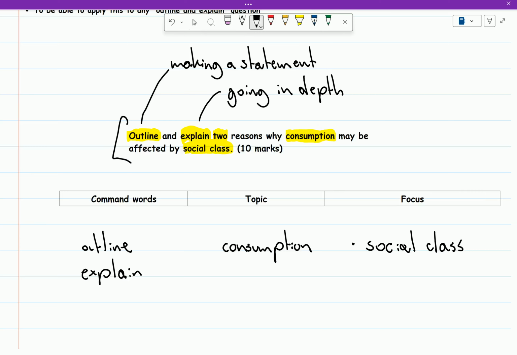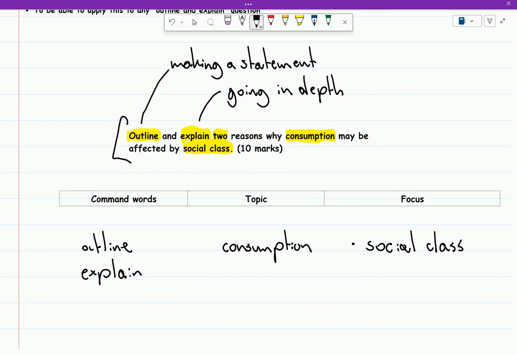Instead of saying consumption may be affected by social class, you may have changed it to how could consumption be affected by age? How could it be changed by gender, sexuality? So the focus is affecting something else, but that focus can obviously be interchanged depending on what the question is. Consumption remains as it is. I hope that makes sense.